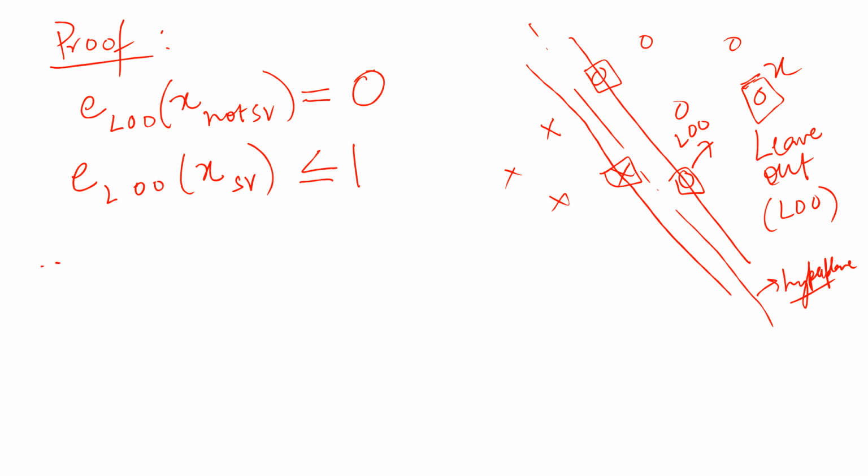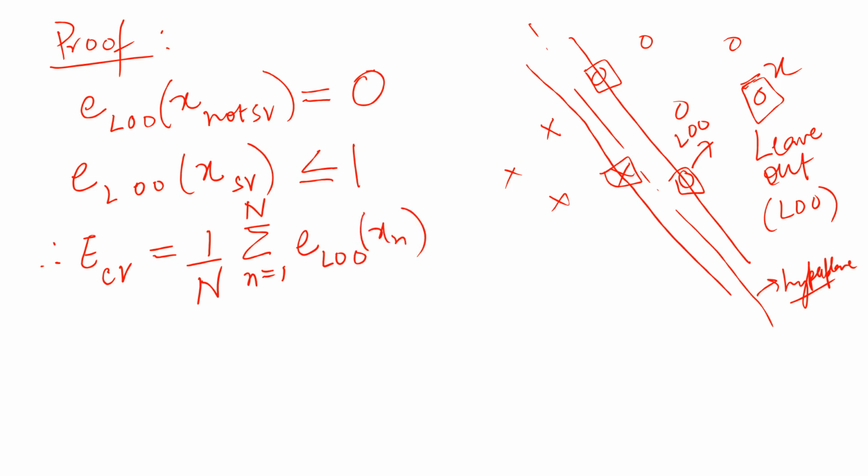By definition, my cross-validation error is the average of all the errors over all the data. So I have, let's say, n points, n equals 1 up to N, the leave one out error for all x_n. But remember, the x_n that are not support vectors are not contributing to the sum because they are 0.